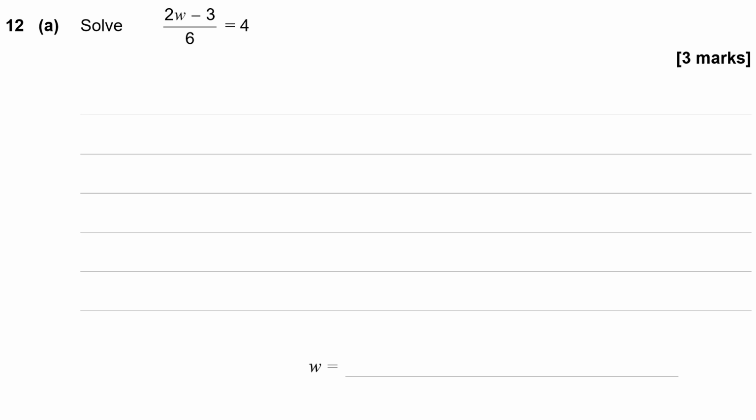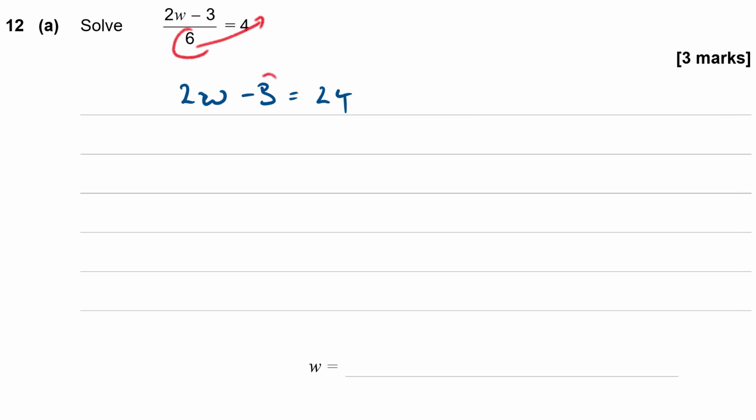Question 12a, we're given a linear equation to solve. 2w minus 3 all over 6 is equal to 4. So first step, let's cross multiply that 6. So 2w minus 3 is going to be 6 times 4, which is 24.